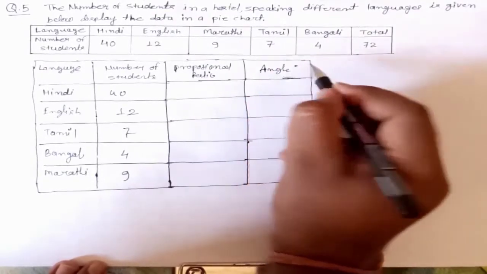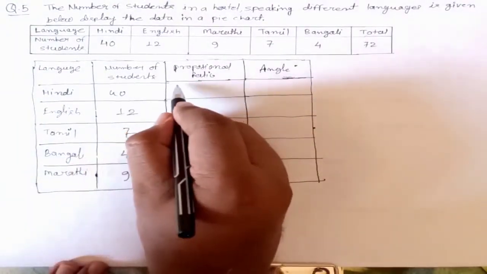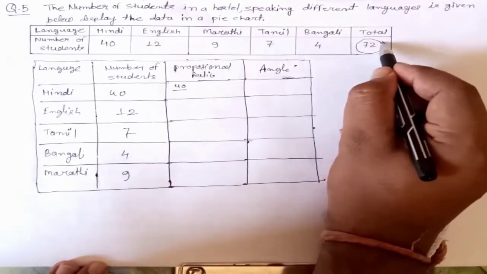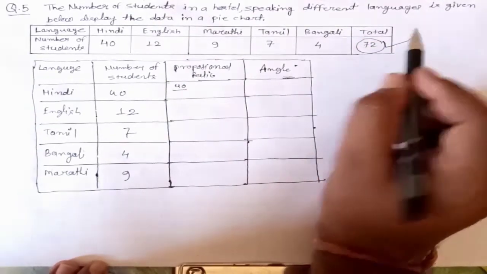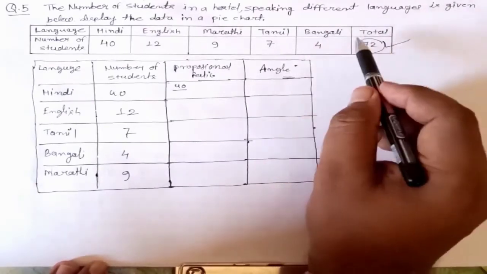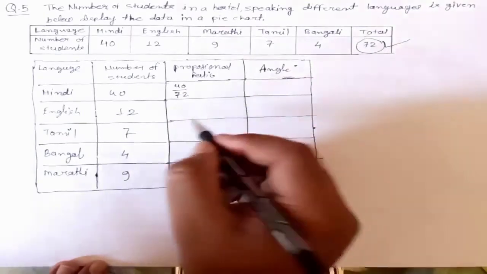in degree, right? So first of all, this is 40 divided by how much? Total students is how much? 72. In the previous question the total voters was 36. Here the total data is what? 72. We just divide by 72 here, right?